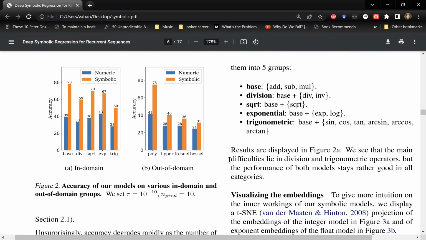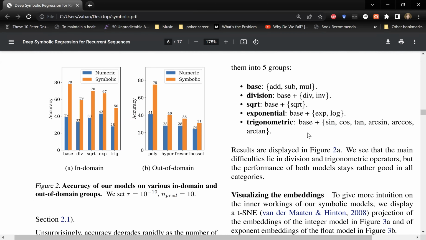But yeah, for the polynomial, given the operators you have access to, you already have access to the polynomial. So it's not really out of domain, is it? I think what he's saying is that it's really not out of domain, because if you have square, then you can express polynomials with the operators.